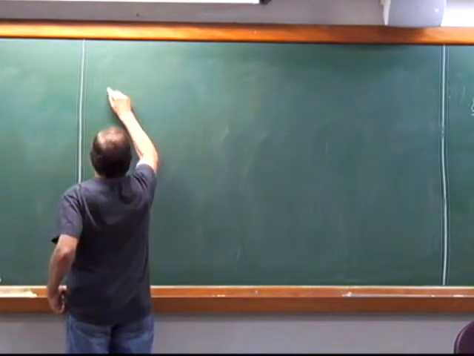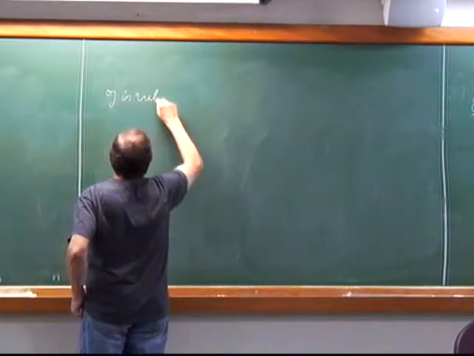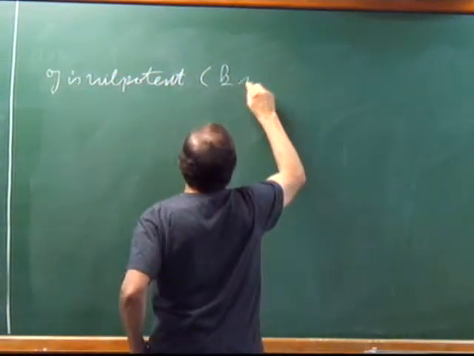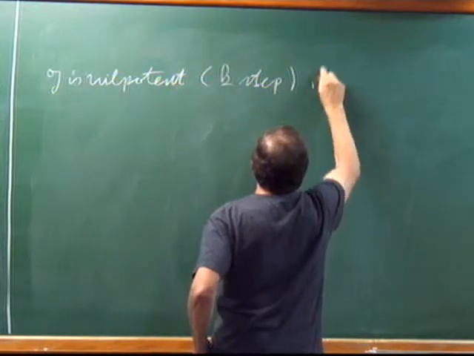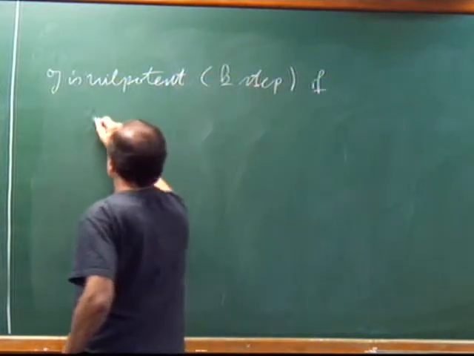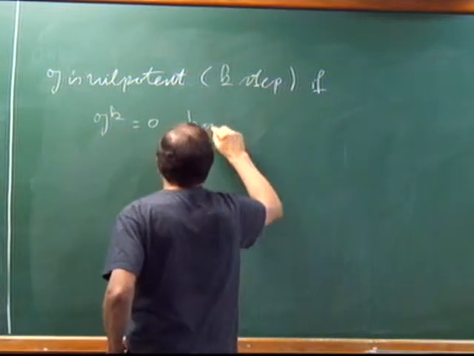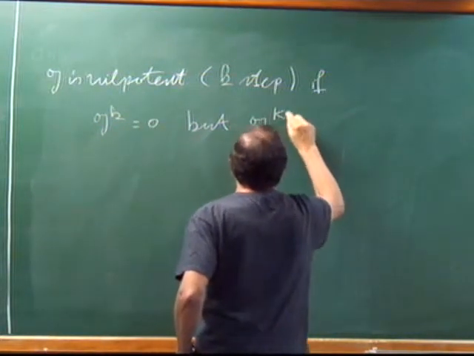And then I say that G is K-step nilpotent if G upper K is equal to 0, but the previous one is not.